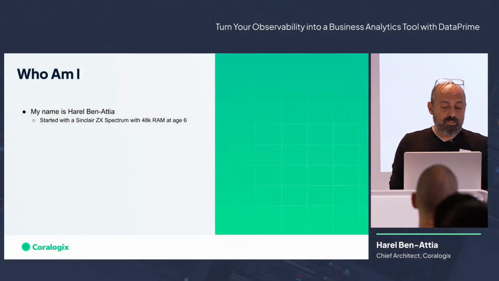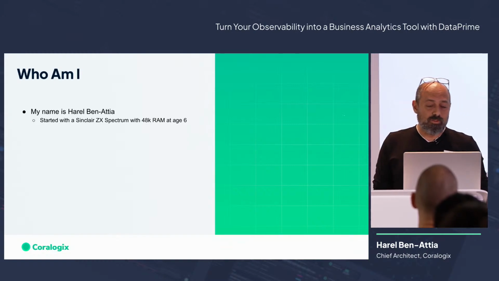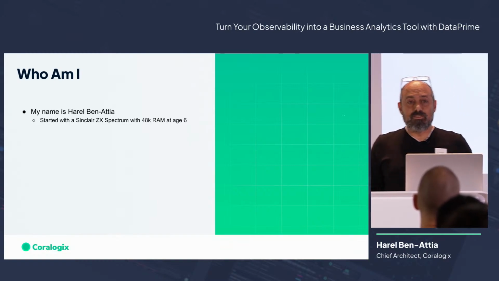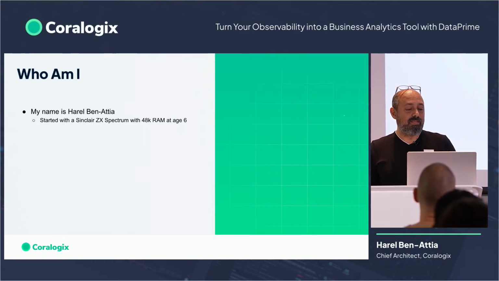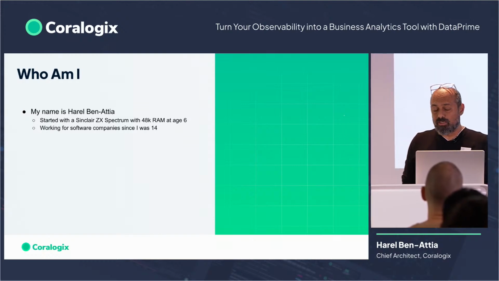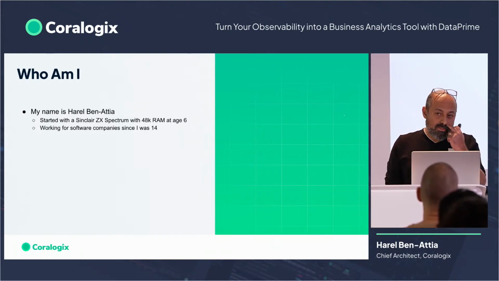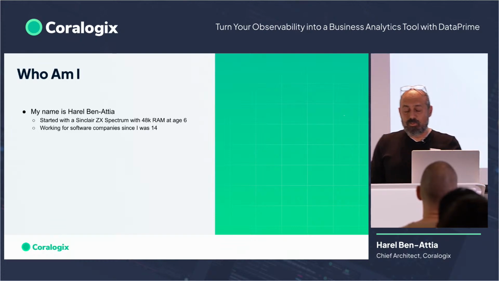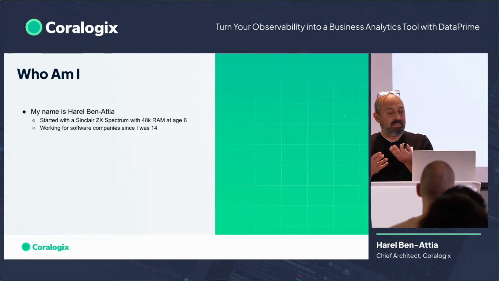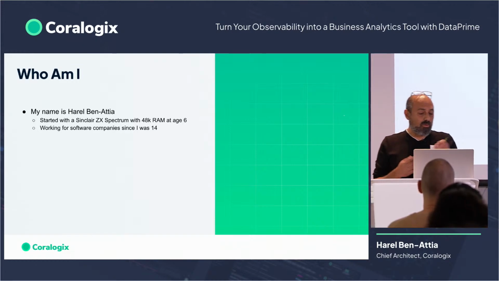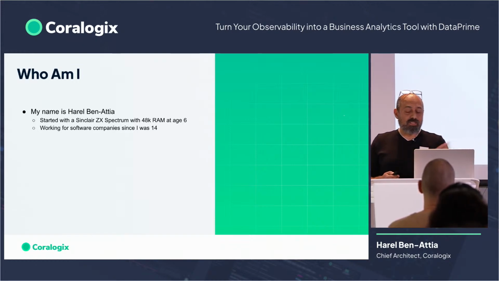Quick word on who I am. Ariel Ben Attia. I started at age 6 with a ZX Spectrum, with 48K RAM. The amount of data that we're dealing with today is amazingly bigger, so it's amazing to think about that. I was working for software companies since I was 14, a kid with a lot of ego probably, because 10 years ago I went to a legal office and one of the applications I wrote when I was 14 was in use there.